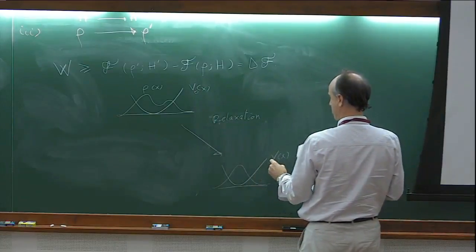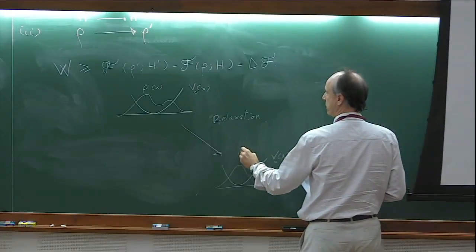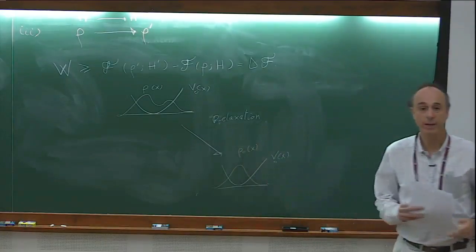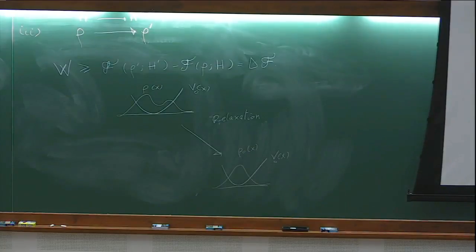So I will have V0 and the equilibrium state rho 0x. And the process is irreversible, so there is an entropy production. And if I want to go back to the original state, I have to do some work. But I can go from rho to rho 0 in a completely reversible way. Reversible in the sense, operationally reversible, that I can invert my system and I recover all the work that I've invested. And the trick is the following.